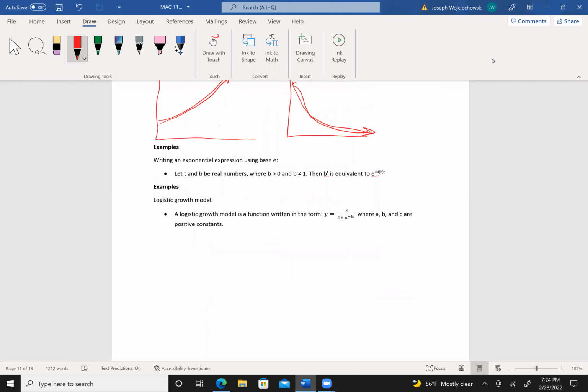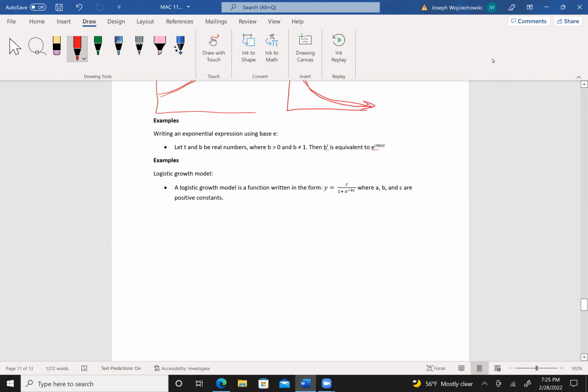A logistic growth model is a function written in the form y equals c over 1 plus a to the negative bt, where a, b, and c are positive constants. So let's look at some of the models we can do with this. The first model we'll look at is the growth of an investment.